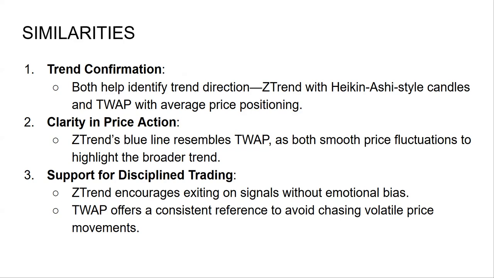And if the actual price line is plotting at the top, you can enter, and when the TWAP, the time-weighted average price, is supporting that, you can combine those signals and enter properly, keeping the stop loss. So TWAP offers a consistent reference to avoid chasing volatile price movements.